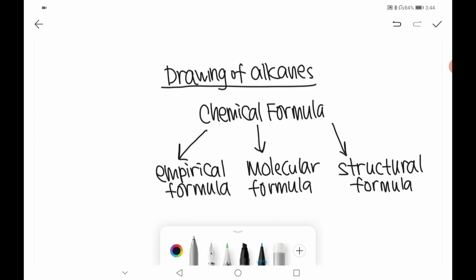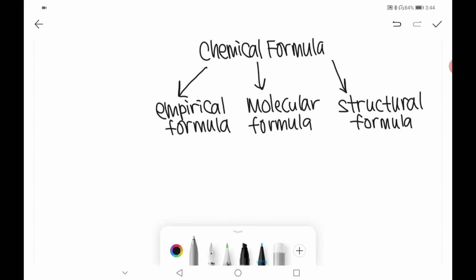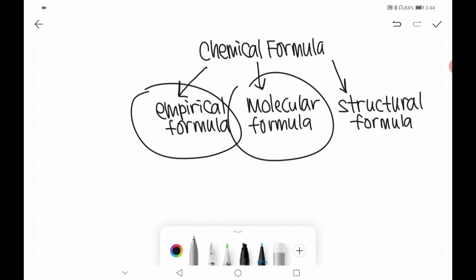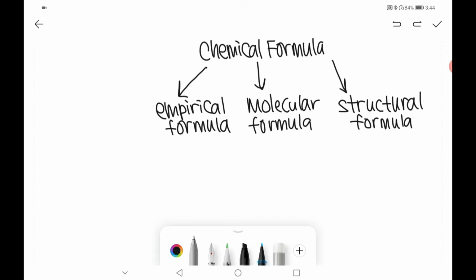Let's do a very quick revision first. Empirical formula and molecular formula, you learn this in your Form 4. Both are in written form.